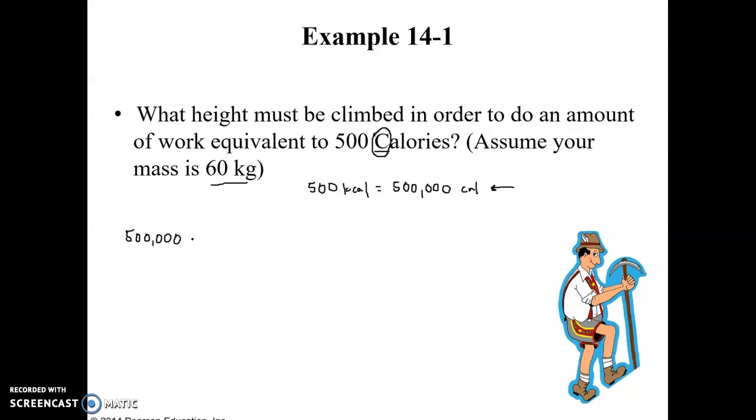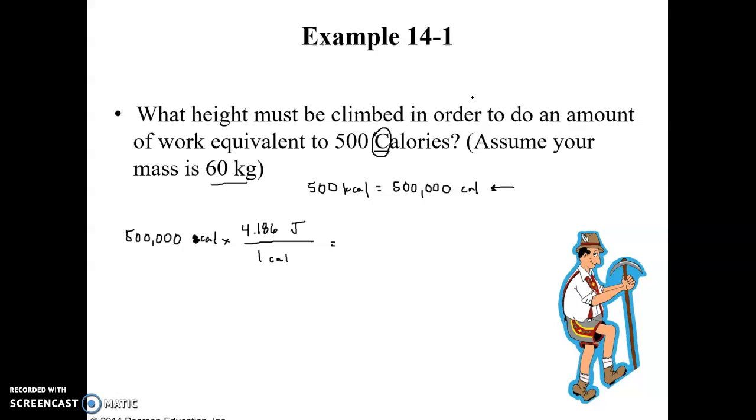So we've got 500,000 kilocalories. No, not kilocalories, just little c calories. We already converted that. Multiplied by 1 calorie is equal to 4.186 joules.